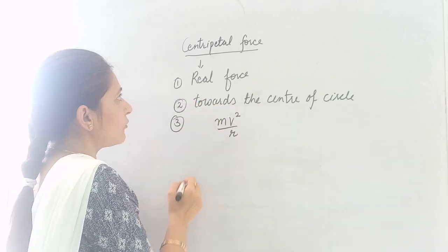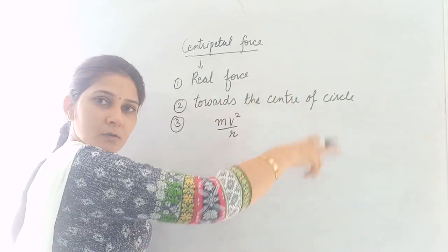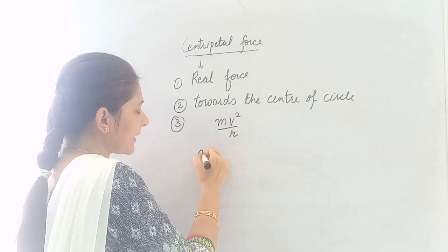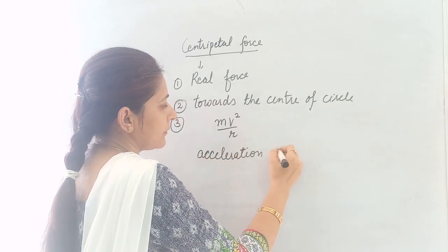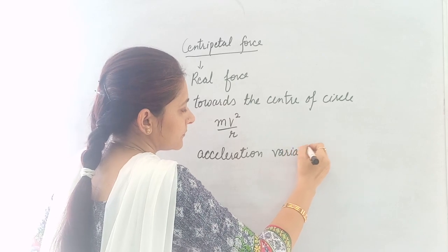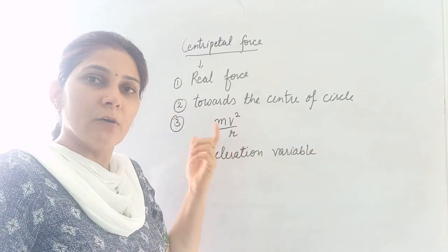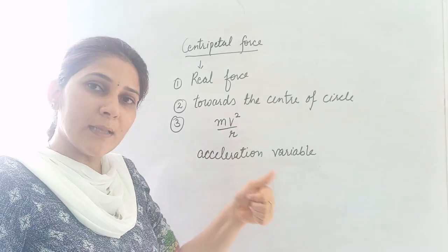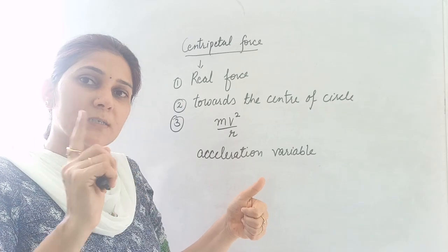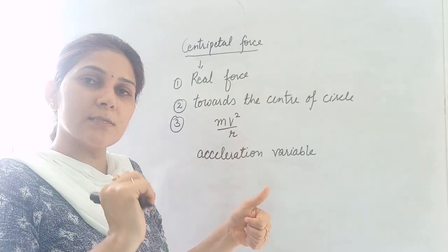And in this scenario, when we are talking about the motion of the particle in a circular path, we studied that acceleration is also variable. We discussed that velocity is variable, but in this case the speed is uniform. One thing which is uniform is speed, because it covers equal distances in equal intervals of time when the particle is moving in a circular path.